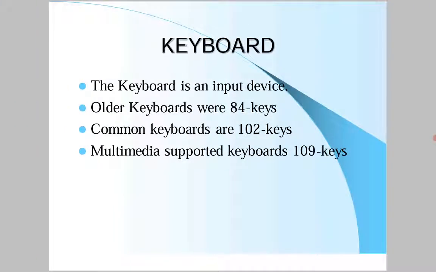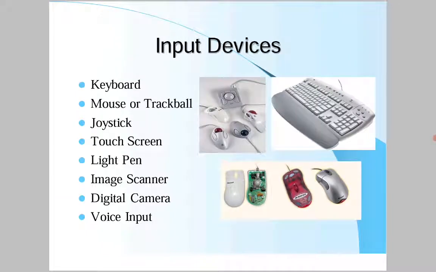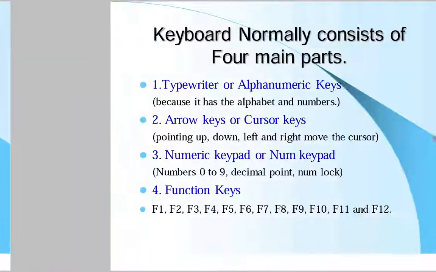So what is the first input? The standard input device is the keyboard. Older keyboards have 84 keys, common keyboards have 101 or 102 keys, and multimedia keyboards have 110. The keyboard is the frequently used standard input device, generally having 108 keys, with different types of keys for entering commands, instructions or programs on a computer.